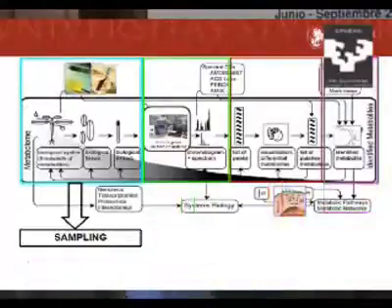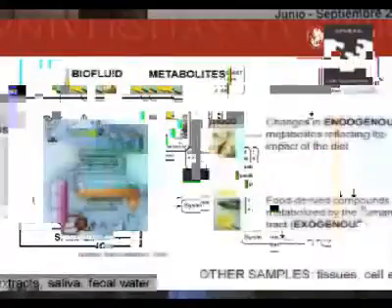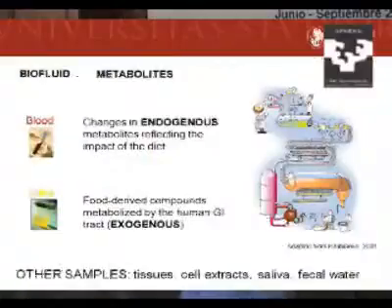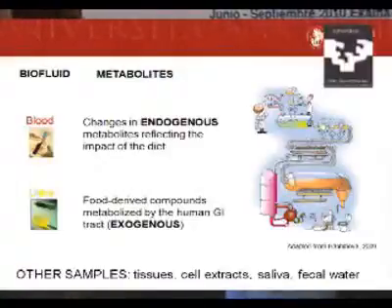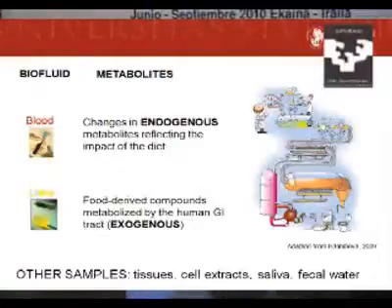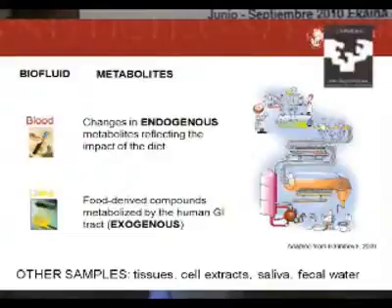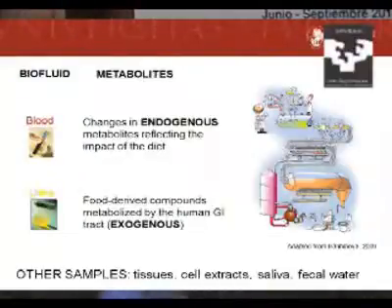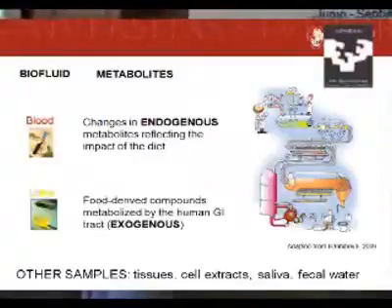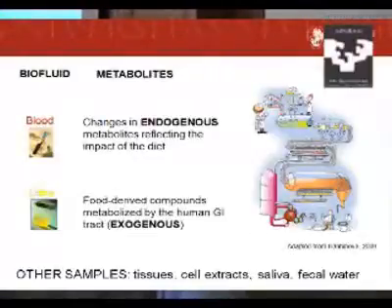So let's begin with the sampling step. Once you have recruited your subjects, you have your hypothesis to test, you carry out your nutritional intervention, so many weeks as you have fixed, and so on. You are collecting samples every now and then in your study.